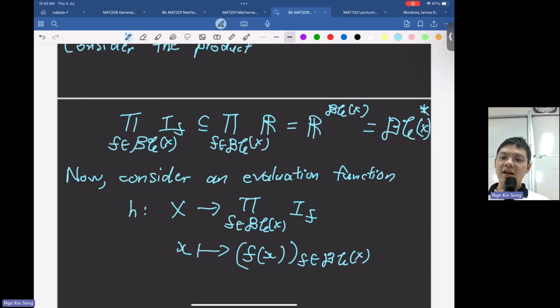Okay. So the claim here, so what do we do here? We take a space, we just make it into numbers. Not just one number, multiple numbers. Where do you get these multiple numbers from? All the bounded continuous functions on your X. Meaning what here?